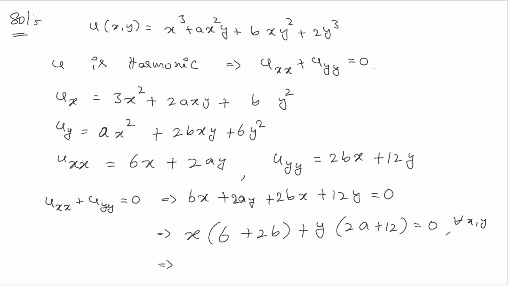So in particular, when we take x equal to 1 and y equal to 0, we get 6 plus 2b equal to 0, and when we take in the reverse x equal to 0 and y equal to 1, we get 2a plus 12 equal to 0.